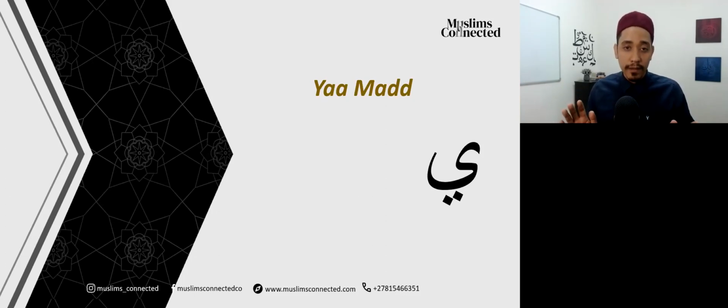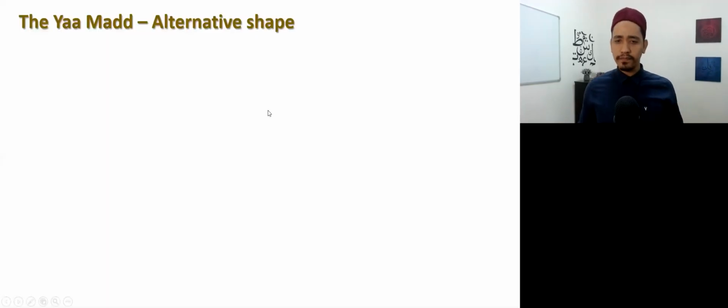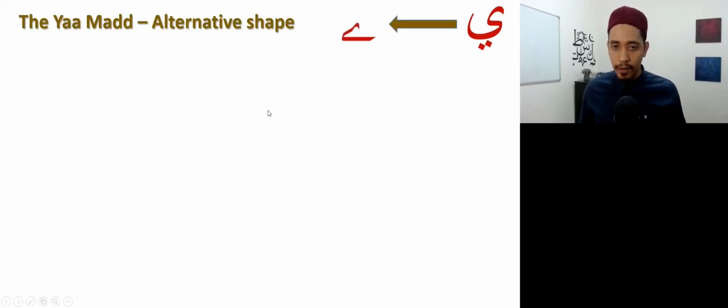Now, maybe whoever was coming up with the shapes had a bad day, but this is what he came up with as the mini version of the letter Ya. It obviously does not look like a mini Ya. It looks more like a nose or a crocodile's mouth. But anyway, the letter Ya might appear as this shape over here.